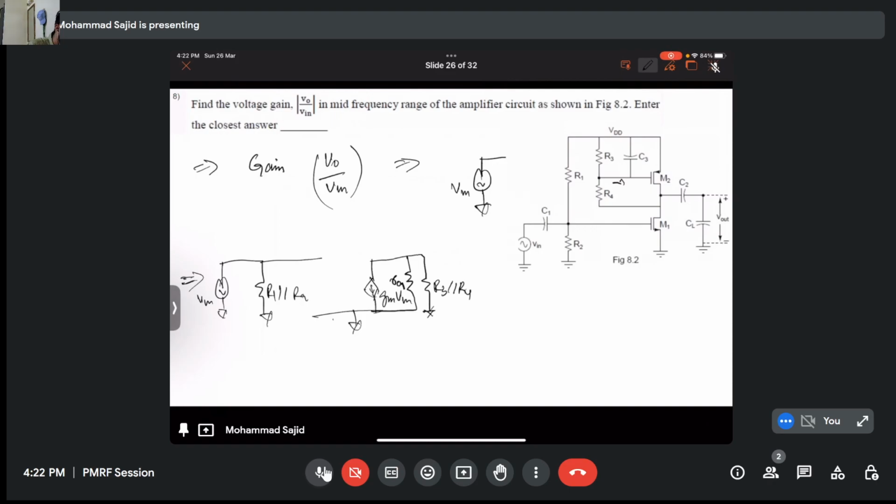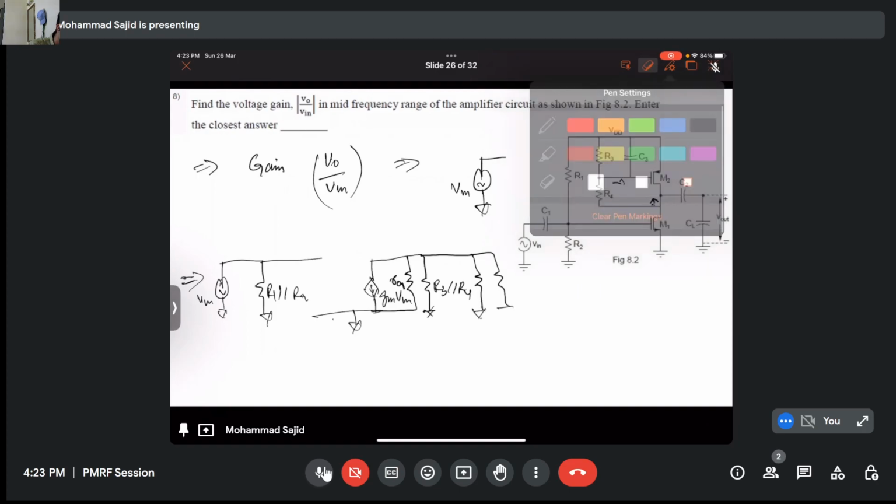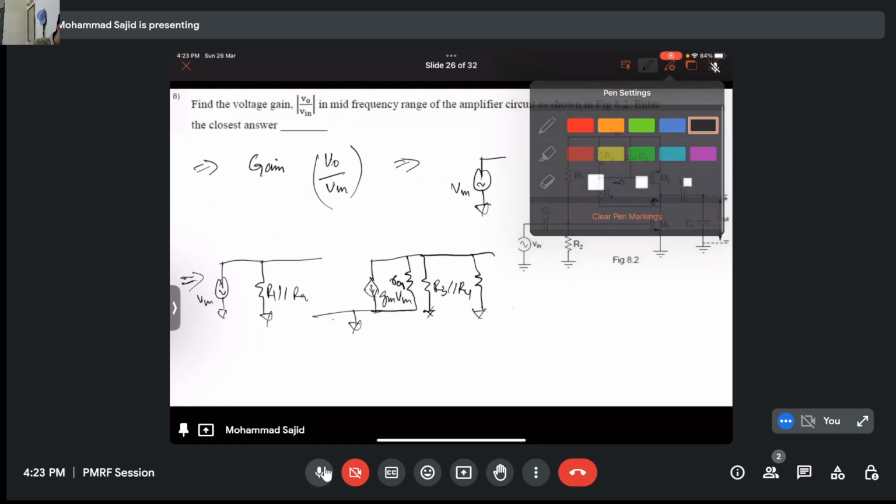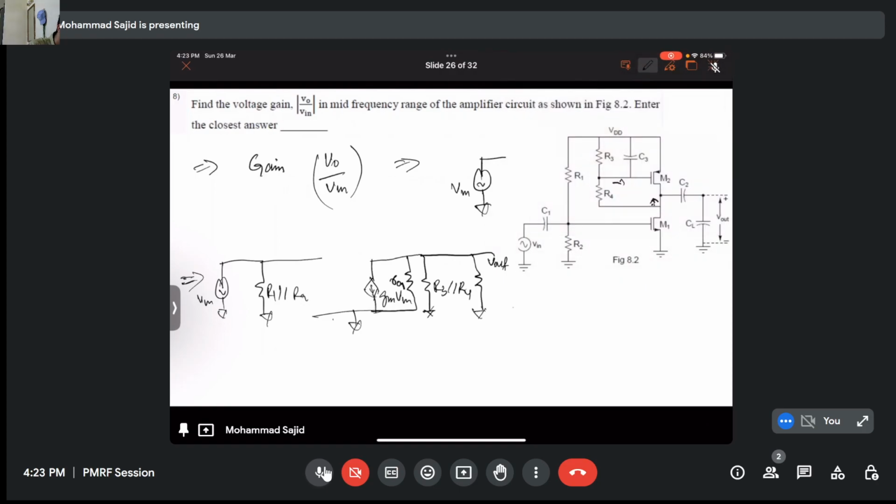And you will have another component here that will be related to the resistance looking into, sorry, this is RM2, right? Can you find this RM2?